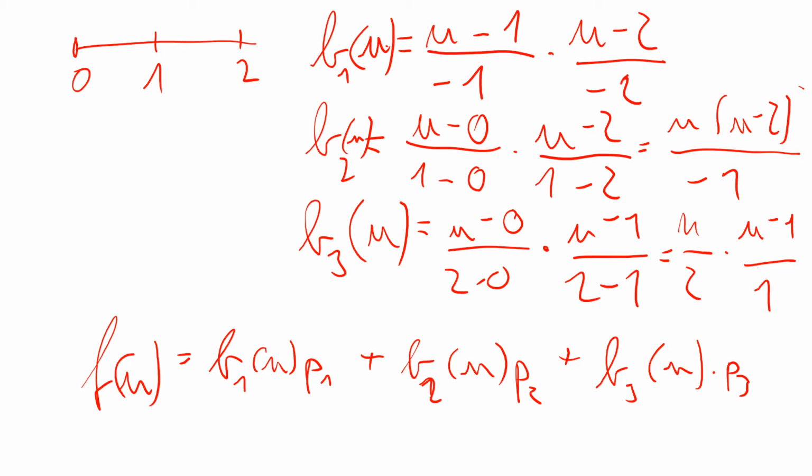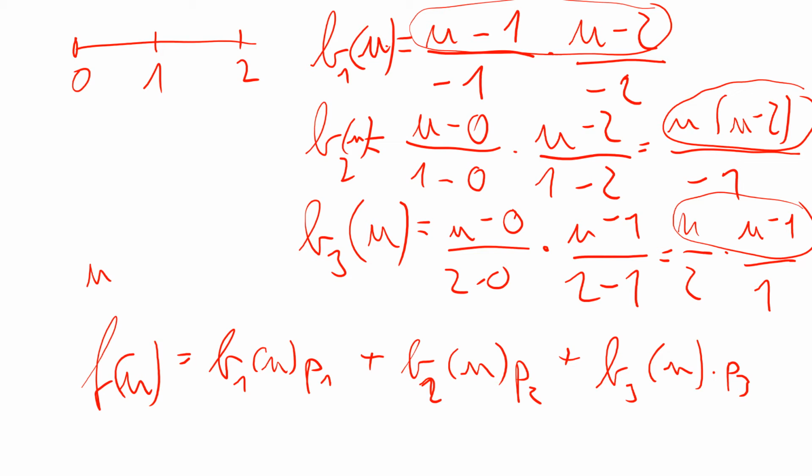As we can see, these terms will be of a quadratic degree. And these basis functions will each be multiplied with the corresponding point which they are supposed to be interpolating through. We can change the u, and the u will now go between 0 and 2 to fully draw our interpolating polynomial.